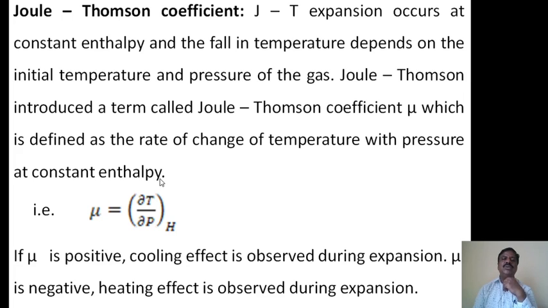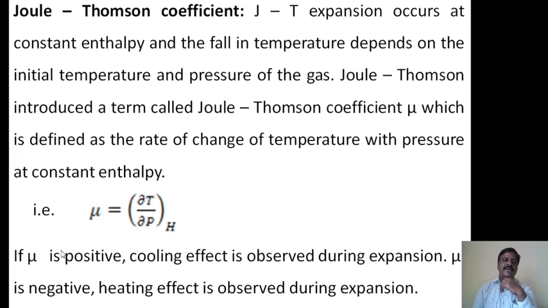How do you define the Joule-Thomson coefficient? It is the rate of change of temperature with rate of change of pressure at constant enthalpy, dT divided by dP at constant enthalpy, equal to mu.